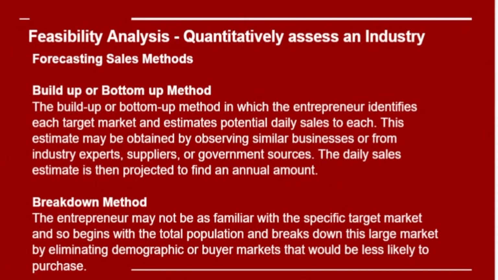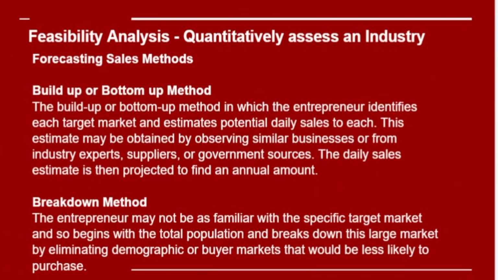You add the two numbers up, and that then is your total. So you would sell $1,000 to residential, $2,000 to commercial per day. That's $3,000 per day. That's what's known as the build-up method. The other opposite method is the breakdown method, where the entrepreneur may know what the general sales are.